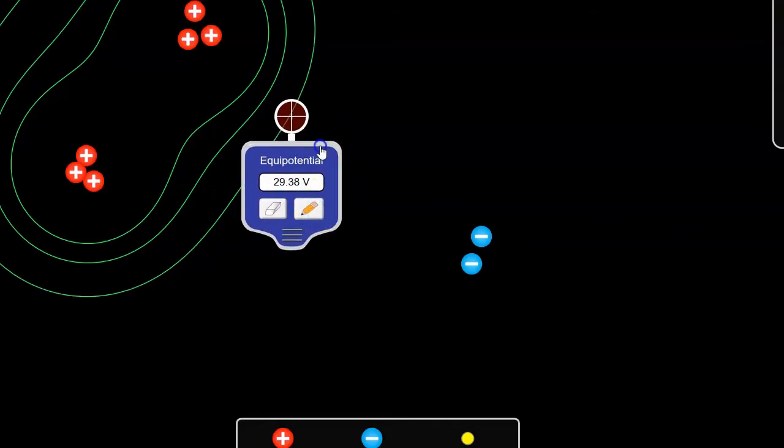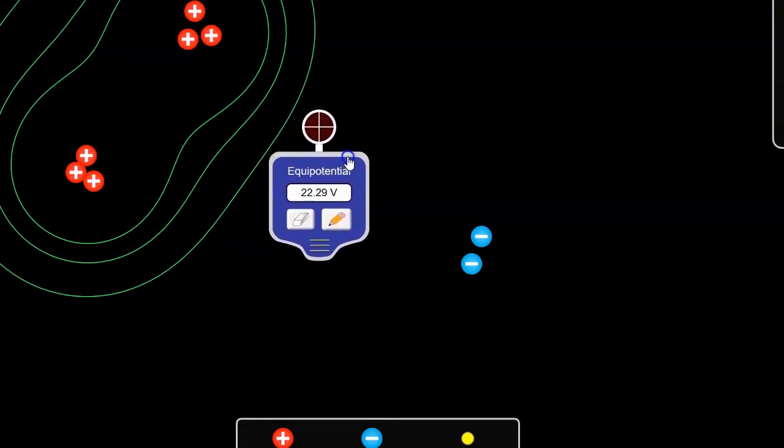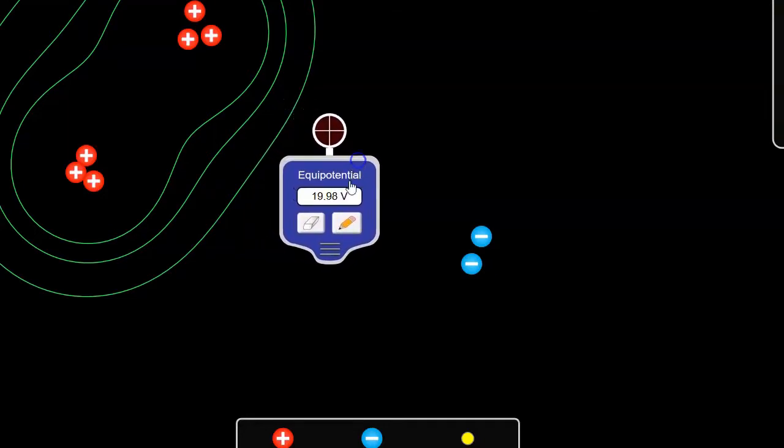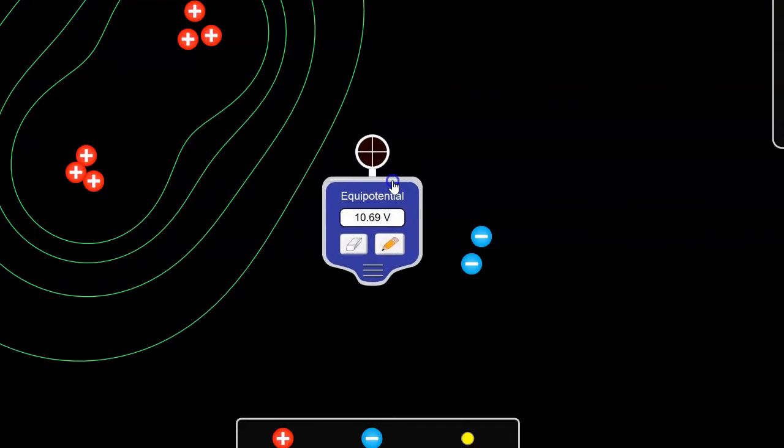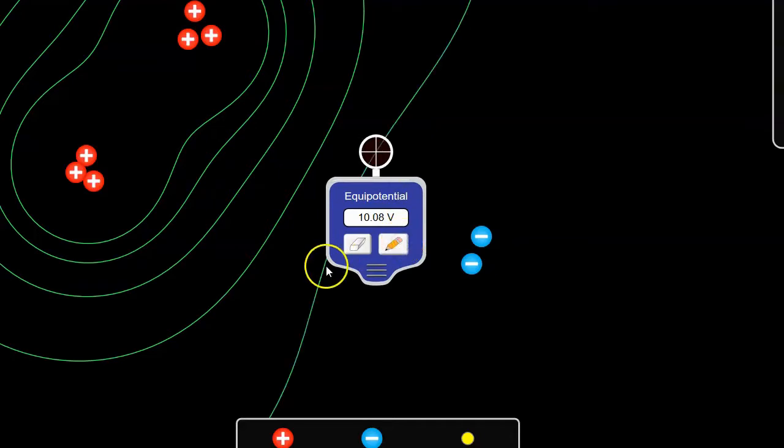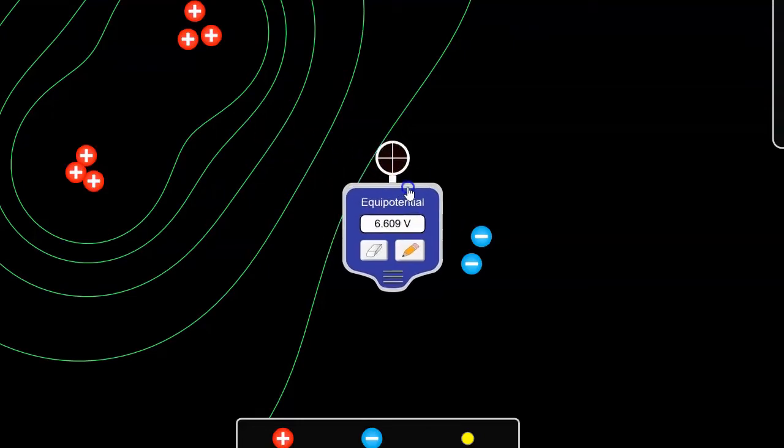Looks like this. Go down to 20. Go down to 10. I'm making sure that I'm plotting those lines equal voltages apart, right? It's crucial. I'm not plotting them at 20, 15, 12, 11, but in this case 10 volts apart. So I go to 0.